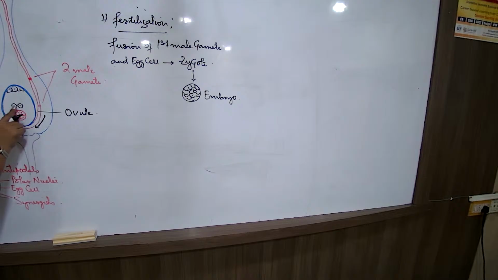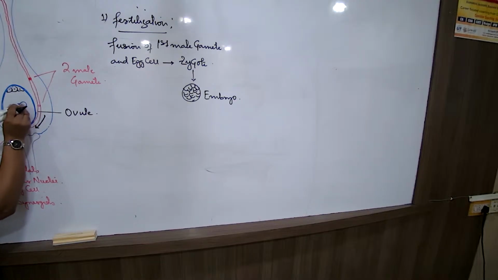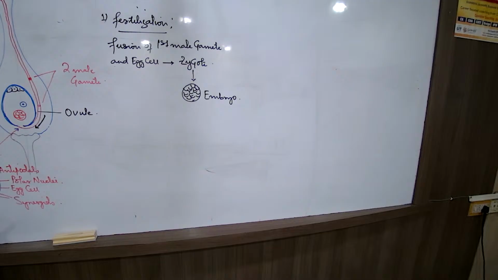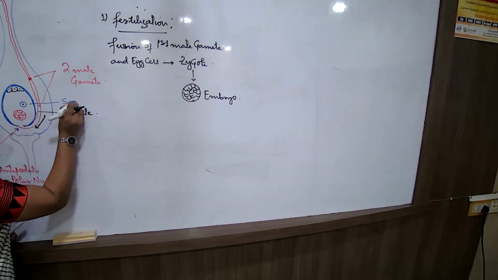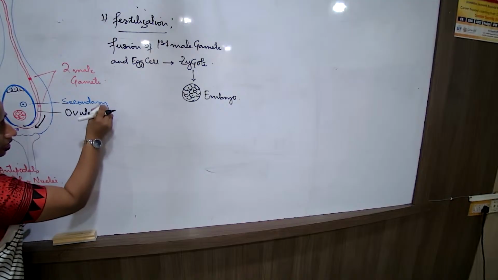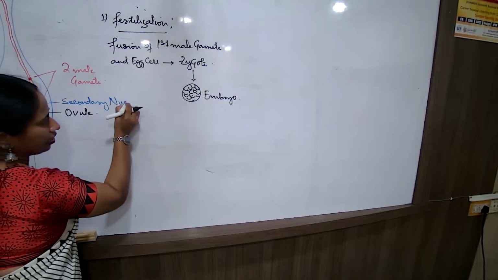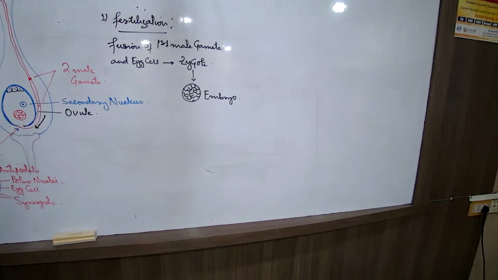By that time, while the embryo is growing in the ovule, the two polar nuclei fuse, resulting in a single cell, and this single cell is known as the secondary nucleus.